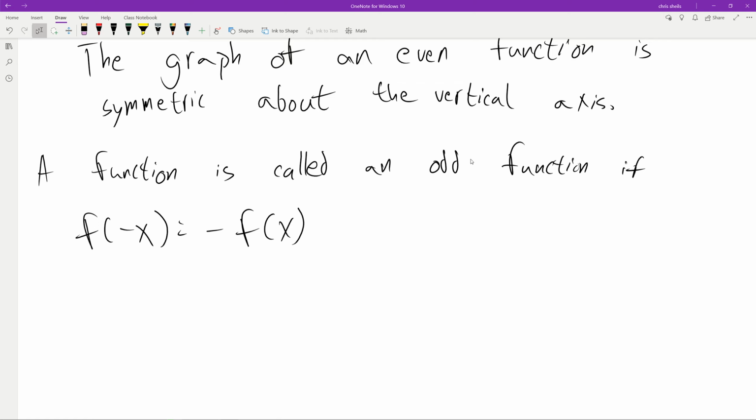Another way of phrasing this is if f of x is the same thing as negative f of negative x. In other words, if I reflect this function across both axes, I get the original function.